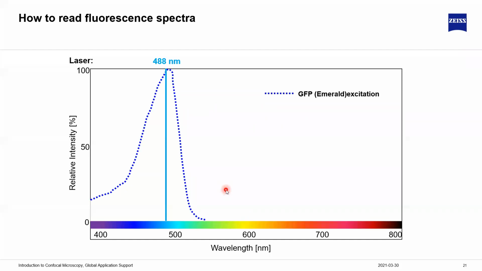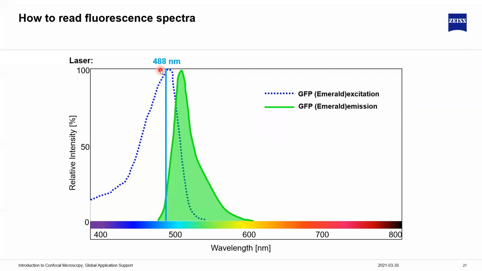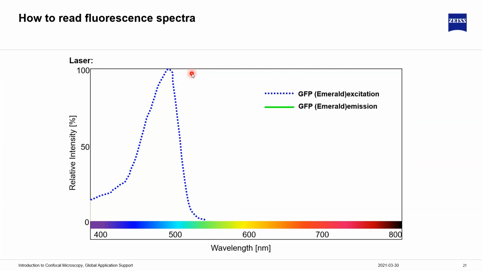In this example, I have a GFP fluorescent protein, and if I look at its excitation spectrum, it has the maximum at about 488 nanometers. Now, if I use my 488 nanometer laser, I will get a nice emission of my GFP, which is shifted towards the longer wavelength. But what if I don't have the 488 laser, but only a 405 nanometer laser?